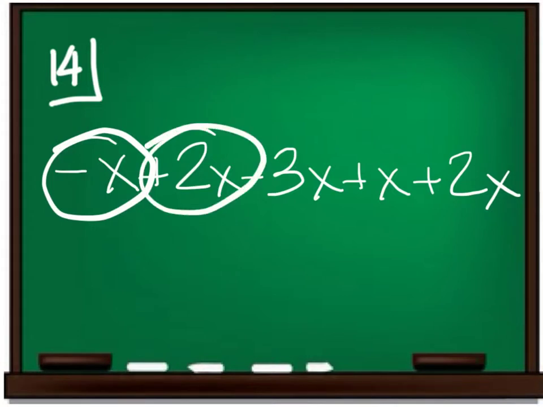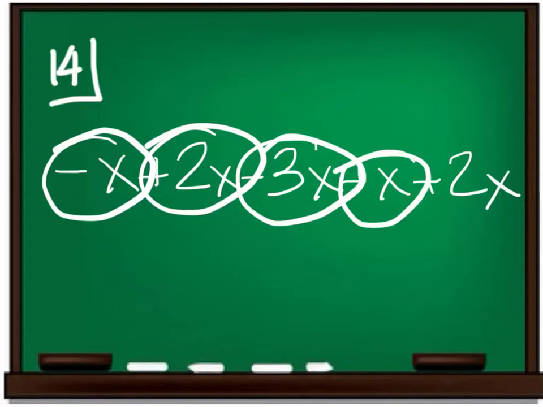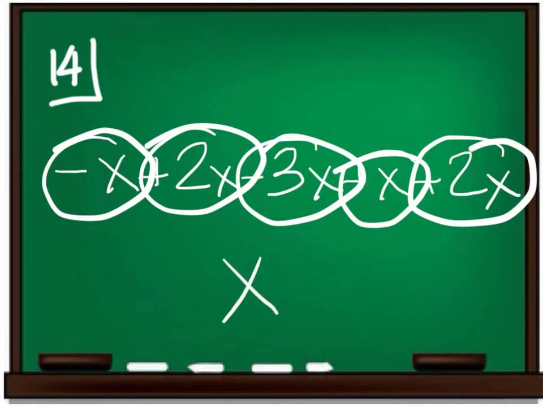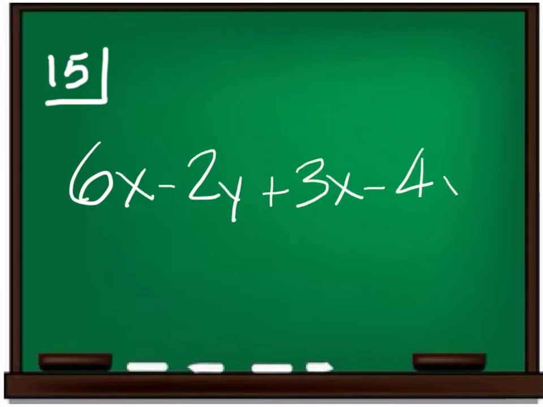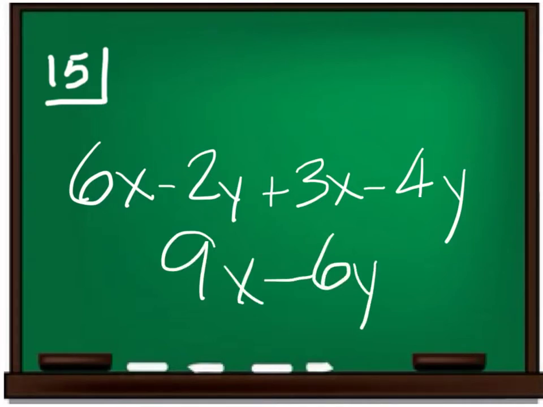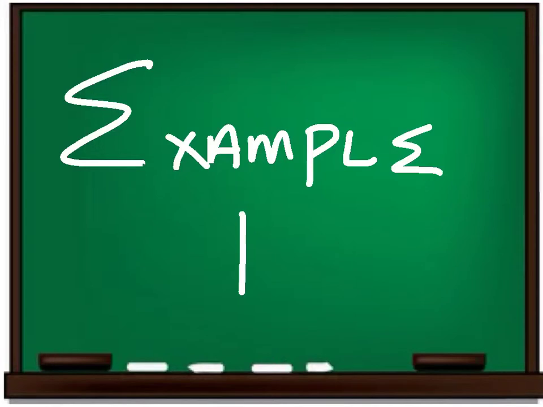Negative x plus 2x is x. Minus 3x is negative 2x. Plus x is negative x. And plus 2x would simply be x. Nine x minus 6y.